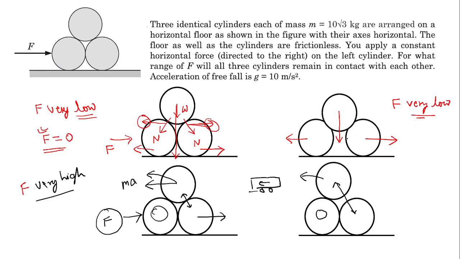So if force is very low, these two cylinders will separate. If force is very high, these two cylinders will separate. So our aim is that none of them should separate. Neither this one should separate, nor this one should separate. So what should we do?